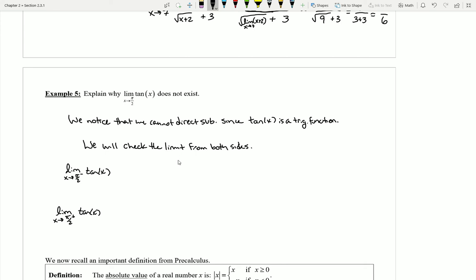Now, one thing that might be helpful here in trying to determine this limit is to keep in mind that the tangent function is actually just the same thing as the sine function being divided by the cosine function. So I'm going to go ahead and rewrite that here for both of these individual parts.